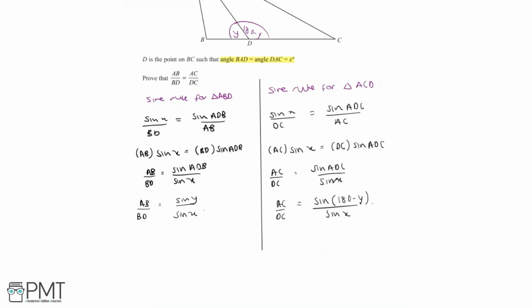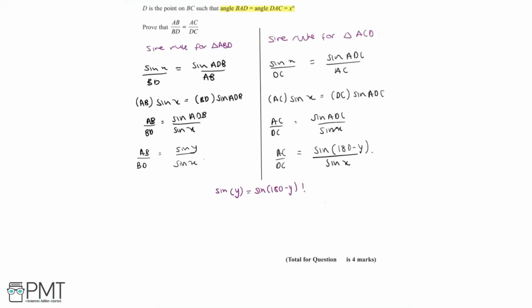And now one thing that we know from our trigonometric graphs is that sine y is equivalent to sine 180 take away y. And so now this becomes very helpful in proving that AB over BD is equal to AC over DC. So let's rewrite our expressions. We have AB over BD, which we know is equal to sine y over sine x. And so we can leave that how it is.